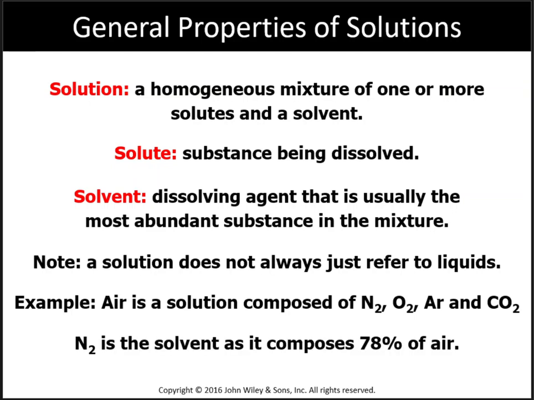So for example, air is a solution because air is a combination of different gases, and air appears as one uniform mixture. It's only one phase, so it's a homogeneous mixture of gases, so it's considered a solution. It's a gaseous solution, but it's still a solution.